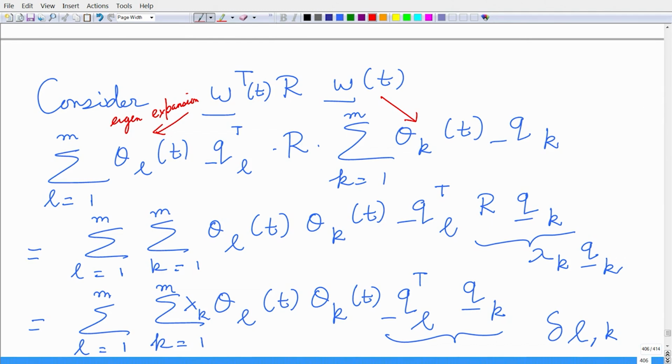So I have a double summation, L equals 1 to m, k equals 1 to m. I group these two functions of time, theta L and theta k, together, and I have ql transposed times r times qk. But observe this simplification here. R times qk is basically lambda k times qk because of my eigenvalue equation.